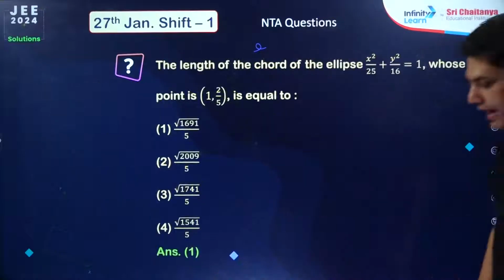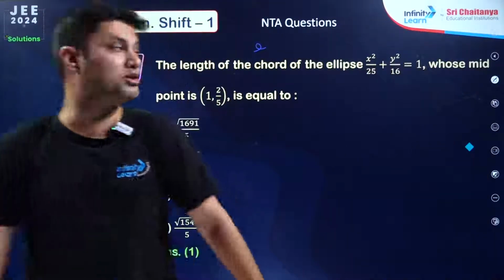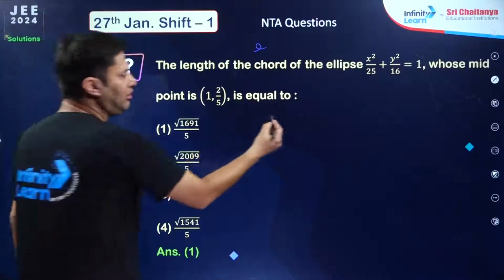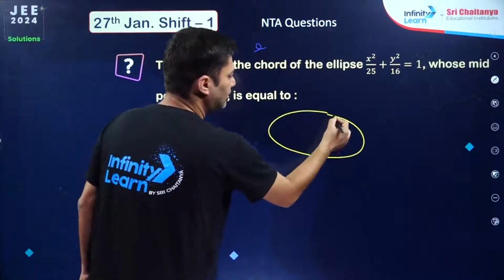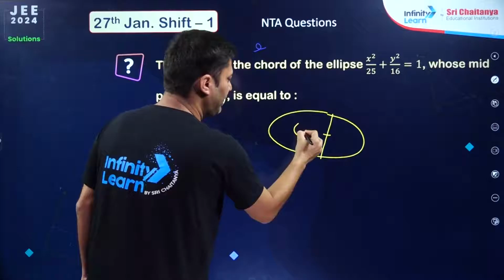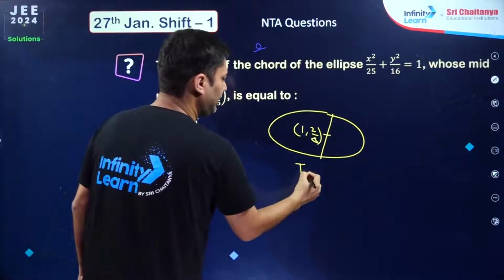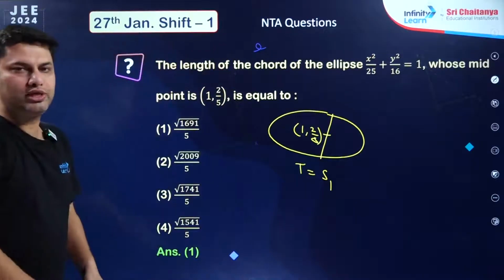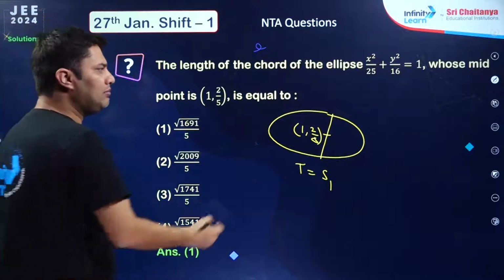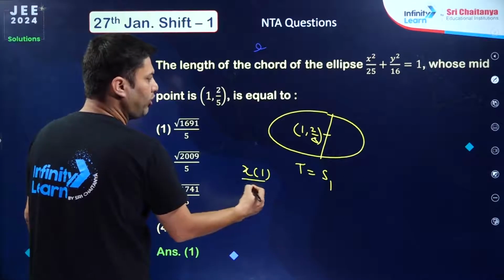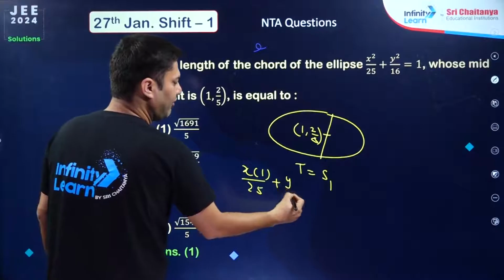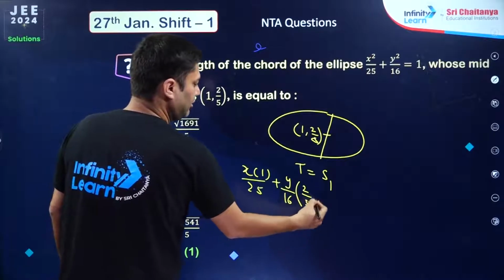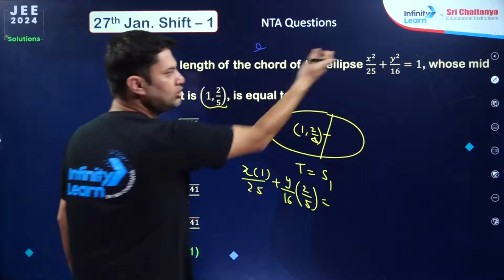Got it? Now the length of the chord of the ellipse whose midpoint is given. You know how to find the chord equation whose midpoint is given? Yes, T equal to S1. Using T equal to S1, T means x x1 upon 25 plus y y1 over 16, equal to S1, putting these values in the equation.